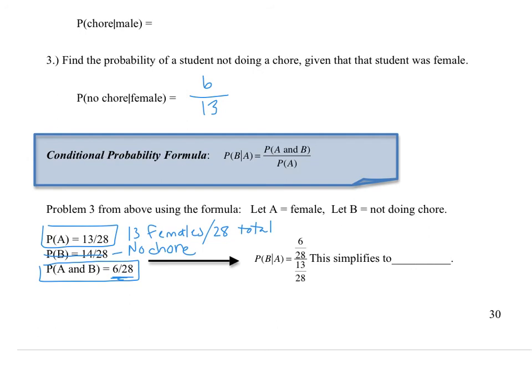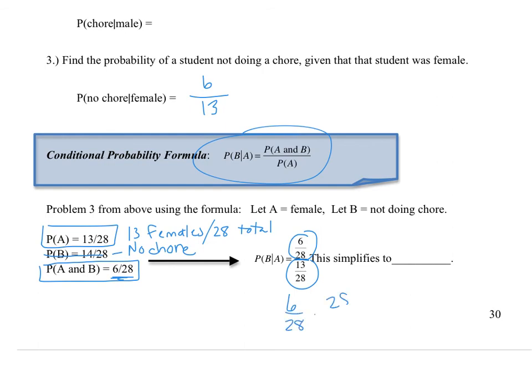These events are not independent, so one does affect the other. And so we're going to use our formula here. We're going to take the probability of A and B, 6 over 28, and put that over the probability that event A occurs, that the student is female, which is 13 out of 28. But we never divide by fractions, instead we multiply by the reciprocal.